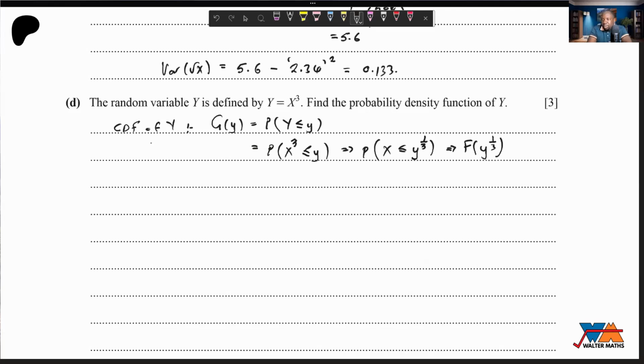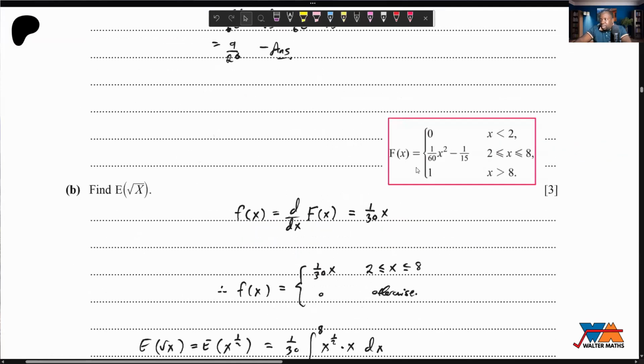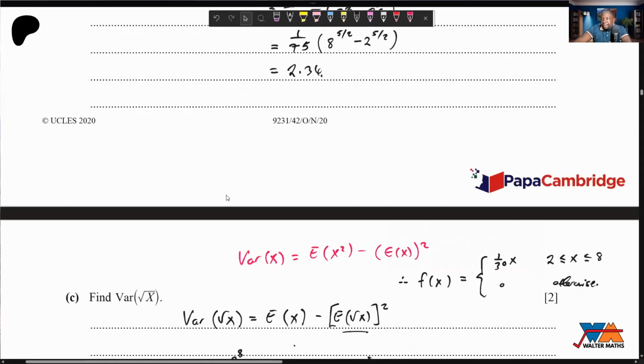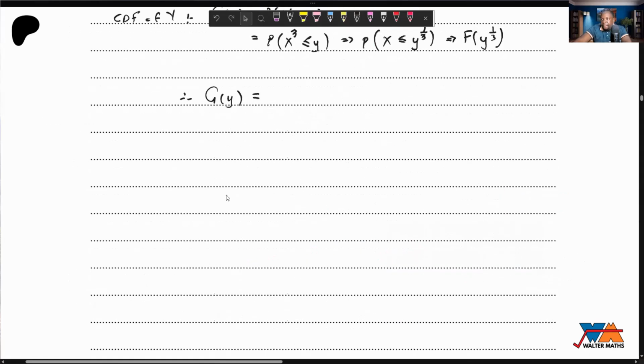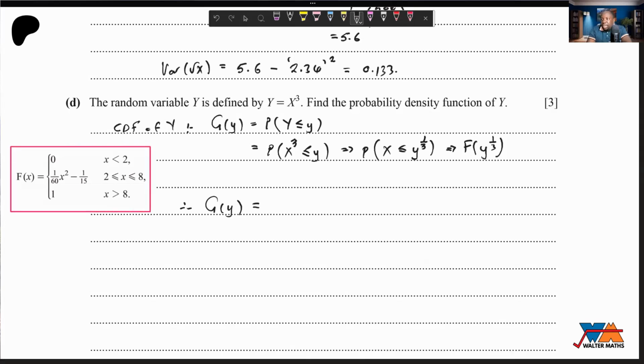So we can therefore say G of y is equal to, and if we use the cumulative function, which is what we had originally, let me just copy that and paste it down here. And there we go. So we're basically substituting y to the power of a third.